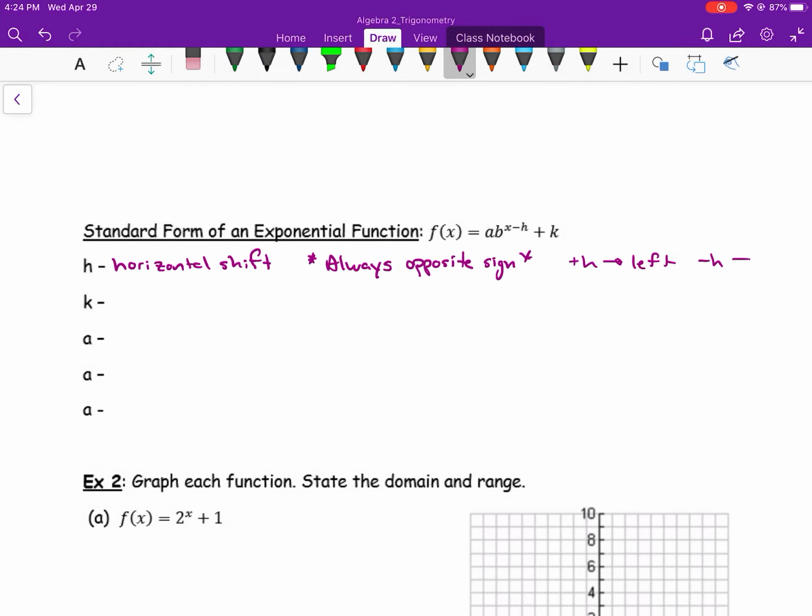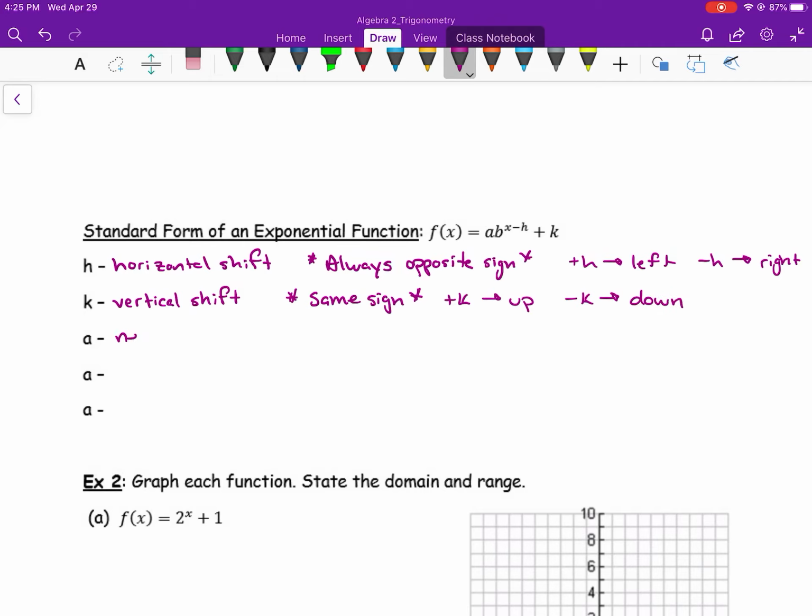Negative h, you go right. K is our vertical shift. This is always the same sign. These basically affect your asymptotes. So positive k is up, negative k is down.